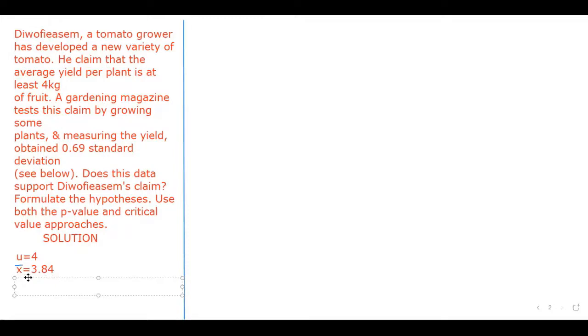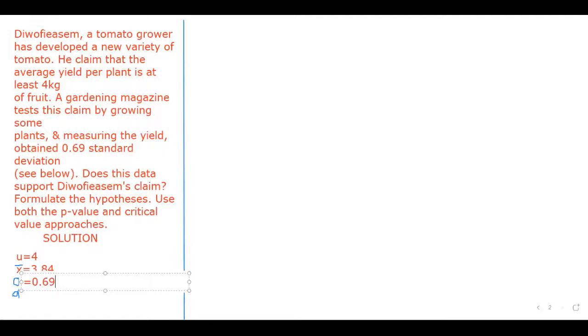And the sample standard deviation is 0.69. So standard deviation, alpha, and N. So standard deviation is 0.69.